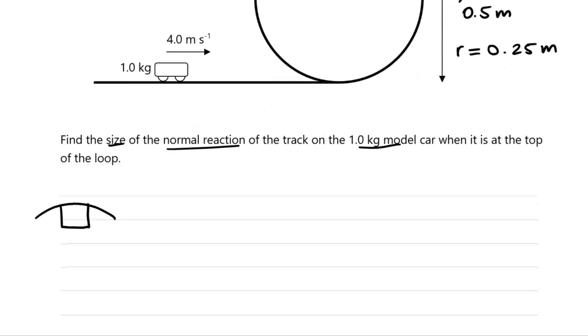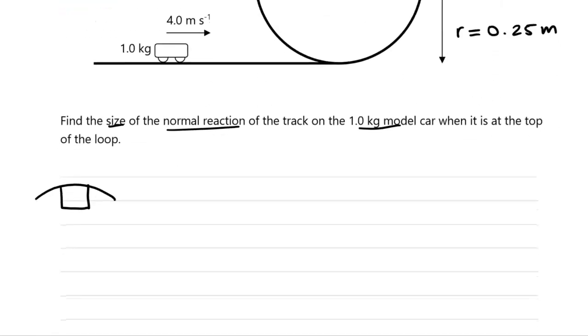This is our cart. I'm not bothering to draw the little wheels. And we're going to draw the two forces that are acting. So we've got mg, always acting, always good to start off with. And in this case, because we've got a surface, we're going to have some sort of normal force, Fn. Now, for our sign convention, towards the center of the circle will be positive.